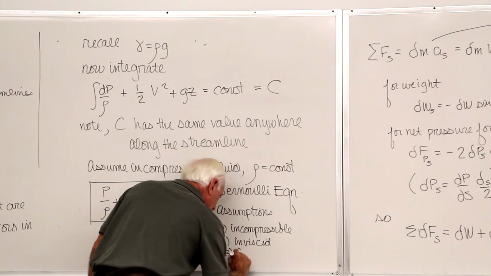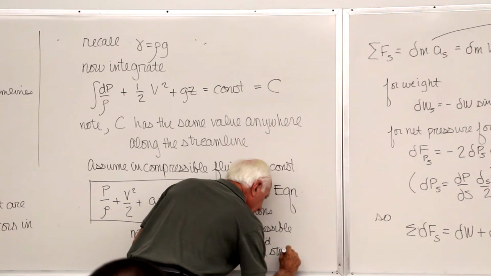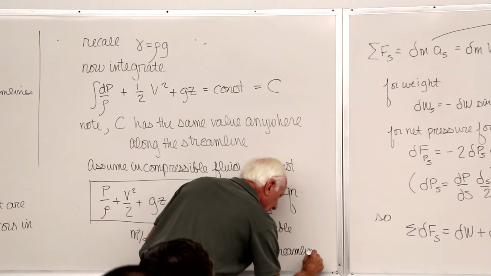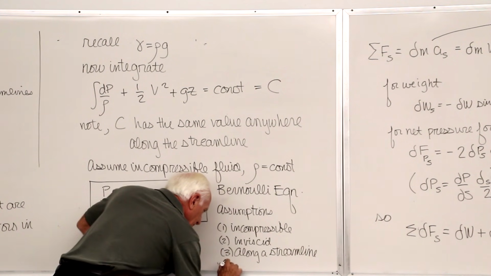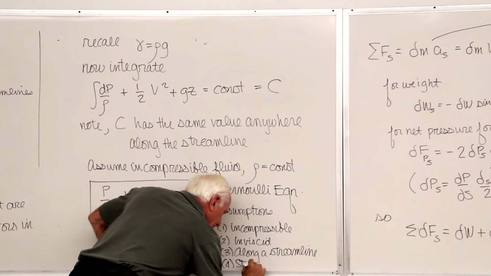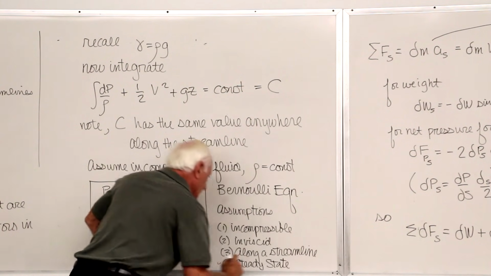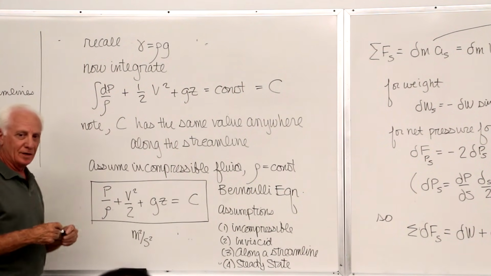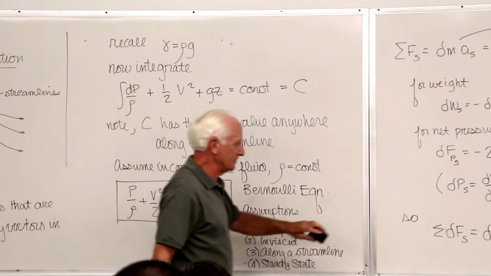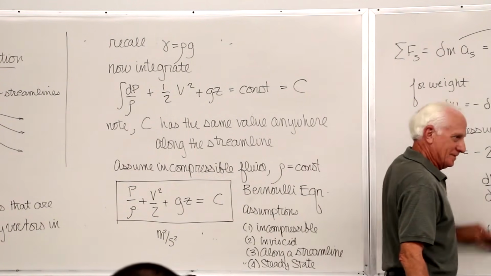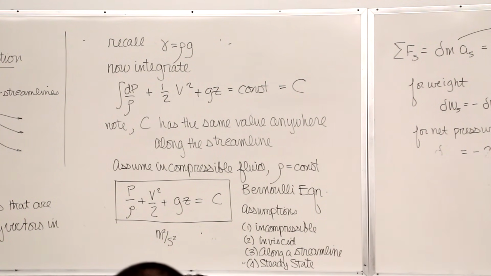Along a streamline. We didn't emphasize it, but of course it's for steady state. Only apply Bernoulli's equation if those four assumptions are satisfied. There's an exception later on, but for right now, those are the four that we need.